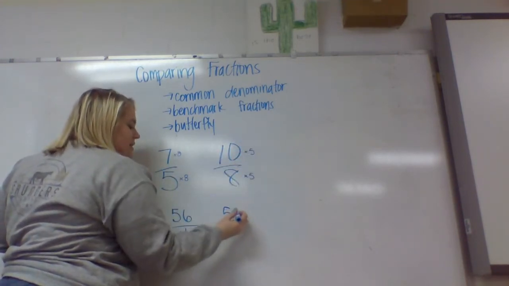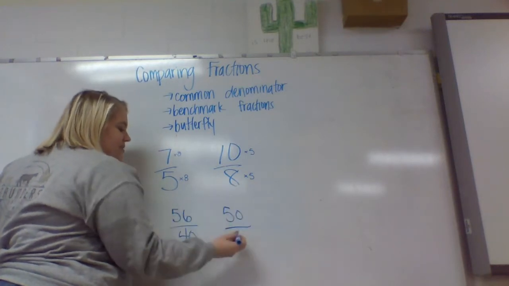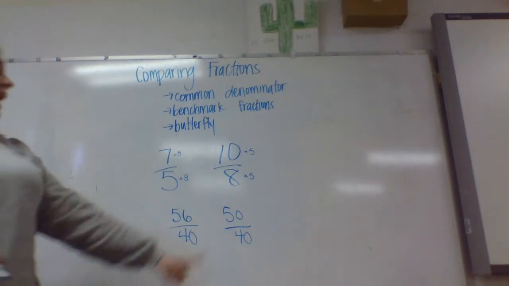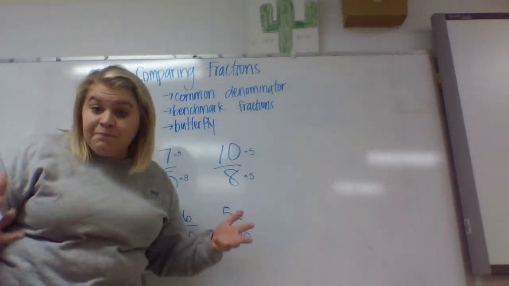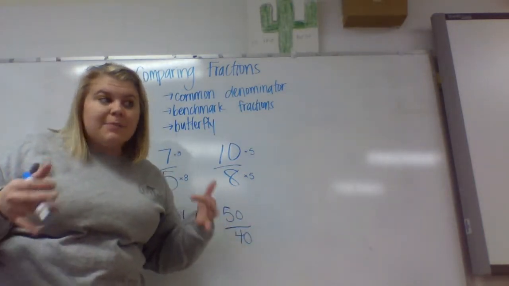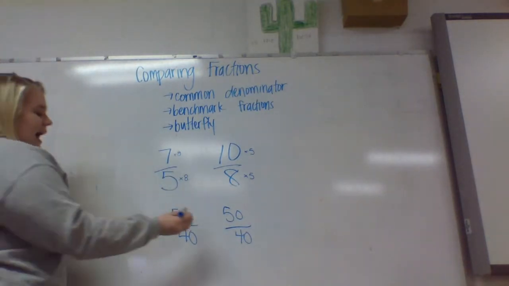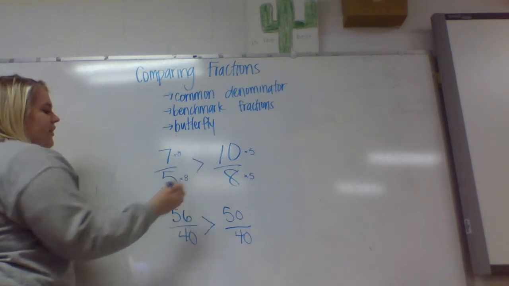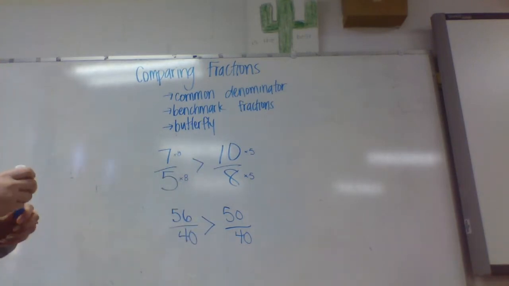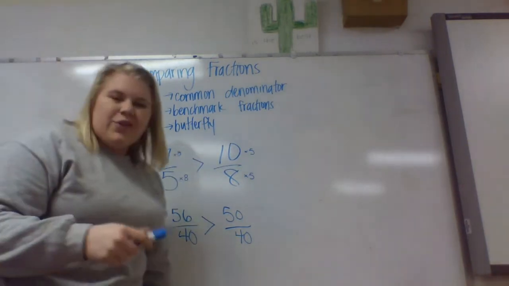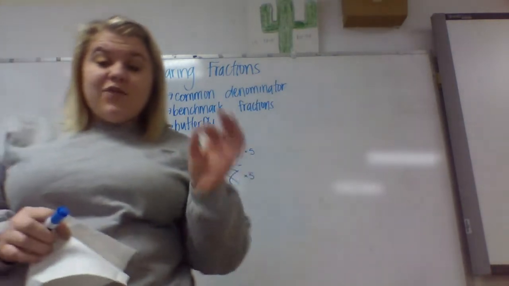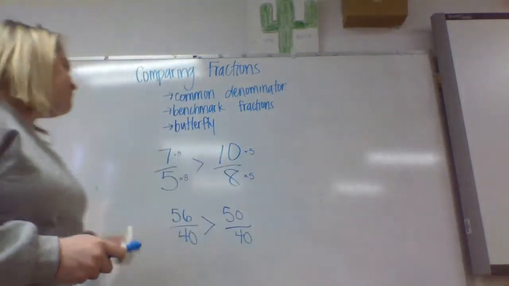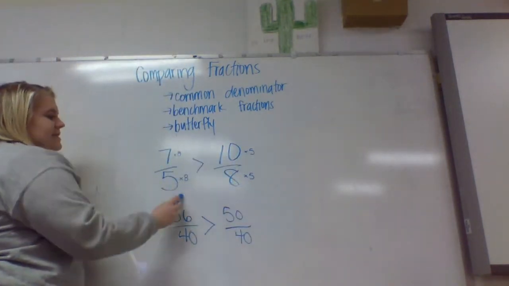10 times 5 is 50. 8 times 5 is 40. So now I have 56/40 and I have 50/40. Okay, my denominators are the same, so that makes comparing easy. I know 56 is more than 50, which means 7/5 is greater than 10/8. So if you can't, like we did with 4ths and 8ths, easily multiply one of your fractions to get to the other one, you're just going to multiply by the opposite denominator.